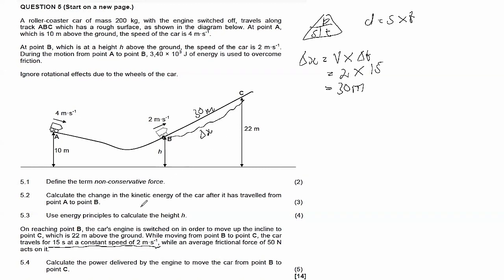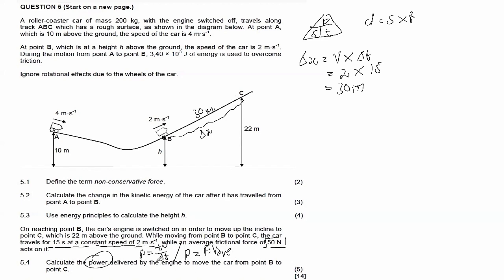Then at this point, what are we looking for? It says, while an average frictional force of 50 newtons acts on it, calculate the power delivered by the engine to move the car from point B to point C. So we are calculating the power, right? So power has the formula P is equal to W over change in t, or this one, P is equal to F times v average, right?